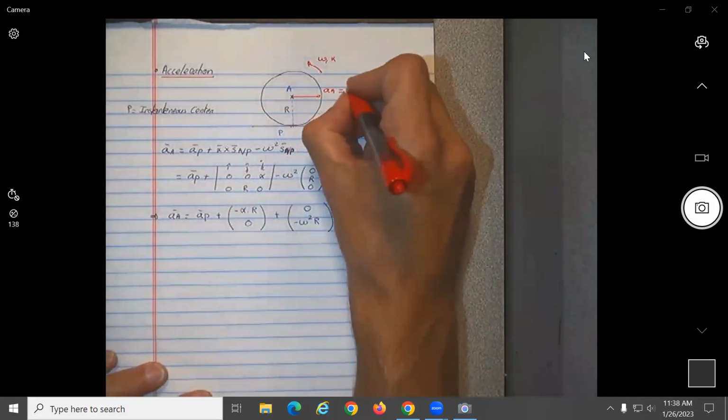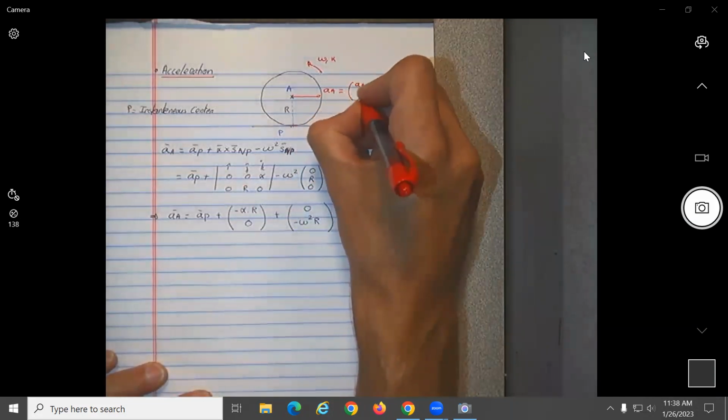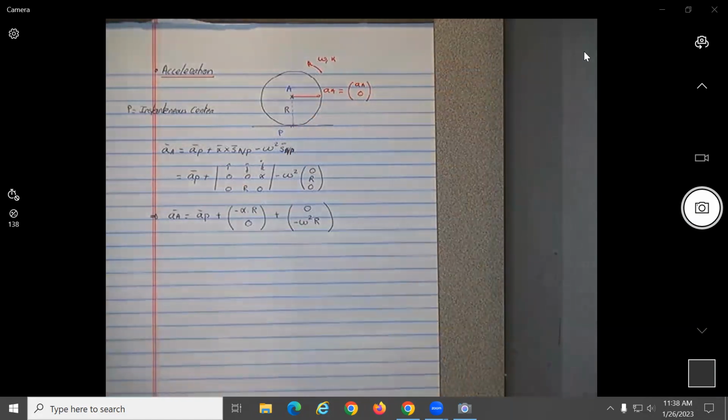So if you want, here I'm going to put acceleration of A, 0. So we know the acceleration of A should only have one component on the X.